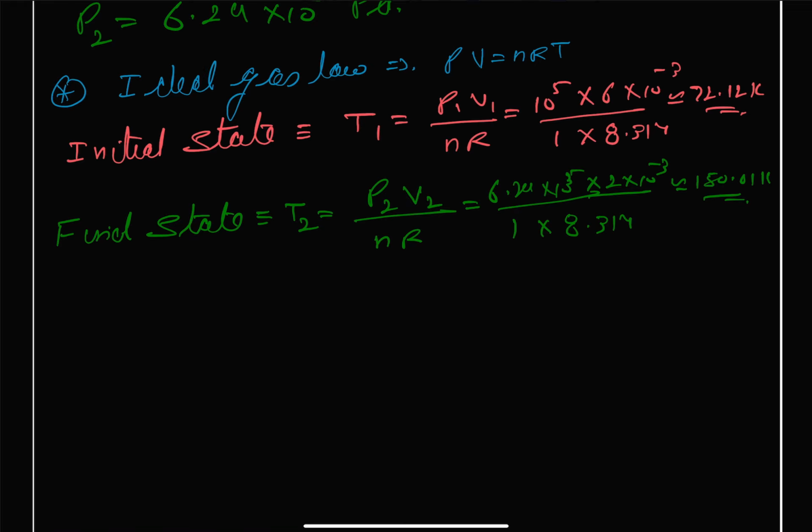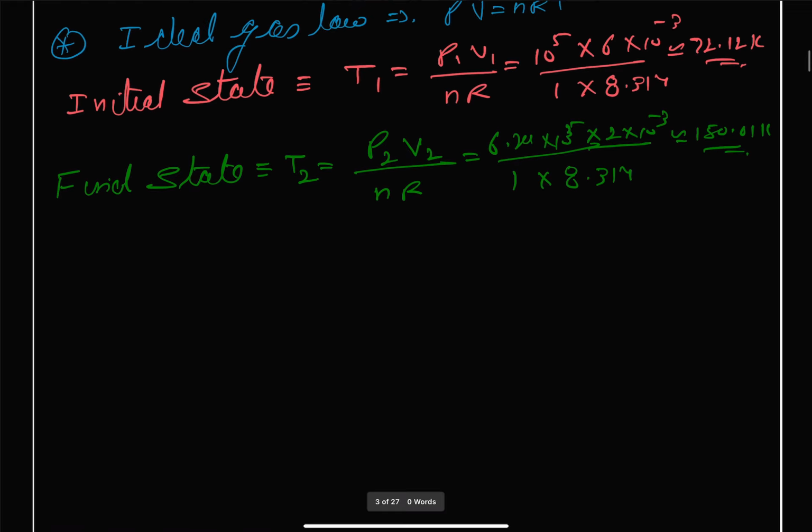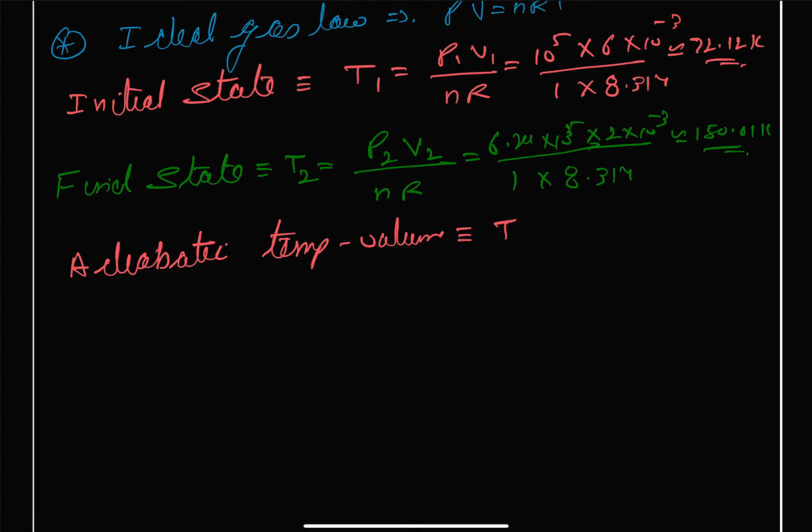Or, if you don't want to use this ideal gas law, we can also use the adiabatic temperature volume relationship, which gives us that T V to the power gamma minus 1 is equal to constant.